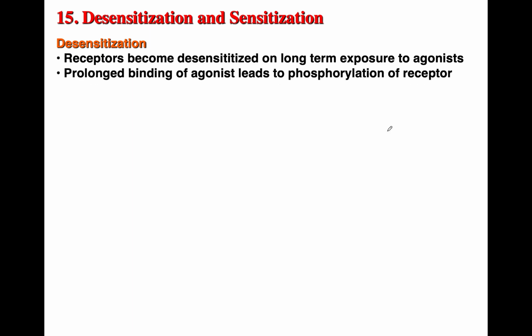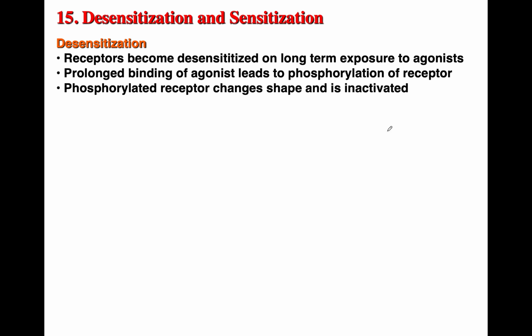Now, the concept of desensitization and sensitization is important, especially when it comes to drugs of abuse or using a medication for pain. Receptors can become desensitized if they're being exposed for a long time to a particular agonist.